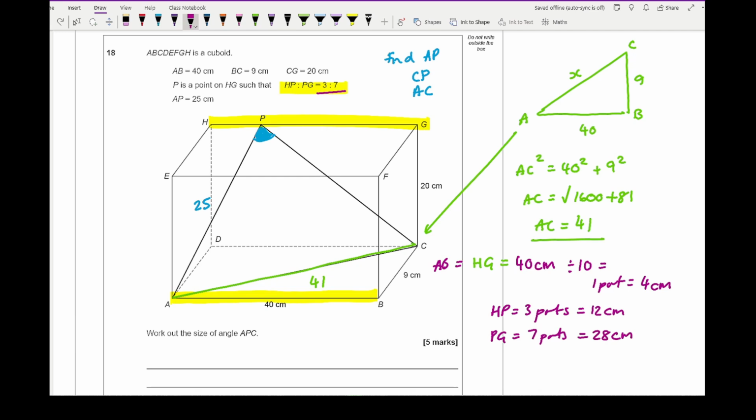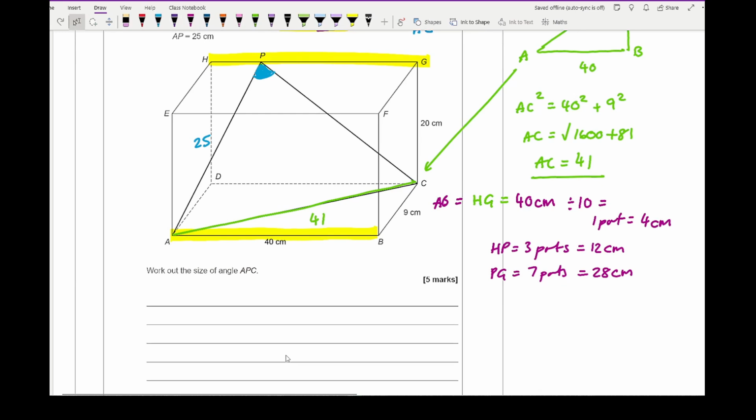Now from this, what I then need to do is work out what P to C is. Now P to C, using the Pythagoras again, so I've got PC squared equals, using this triangle here, that P to G we've already worked out as being 28.